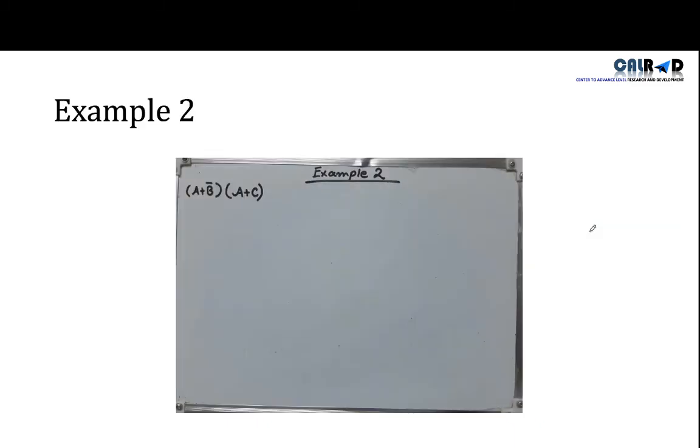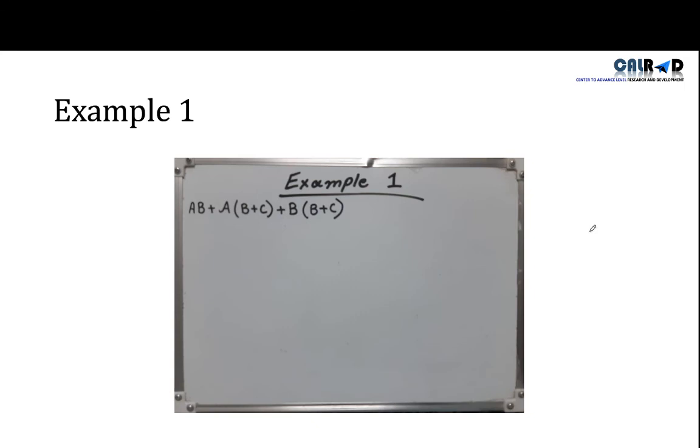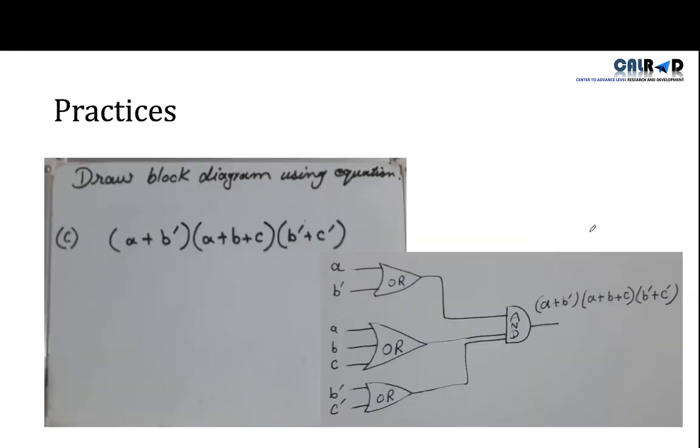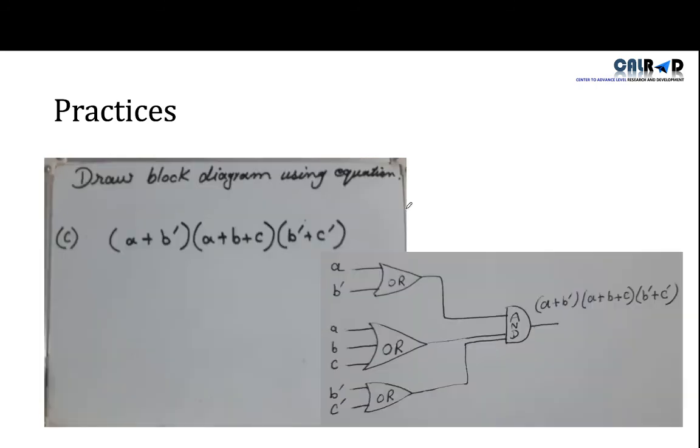One thing I want to make clear: this lecture on Boolean expressions is not included in our midterm, but these practice examples are from the previous lectures, so they are included. You just have to learn the method of drawing the block diagram, or from the block diagram how to write the equation.